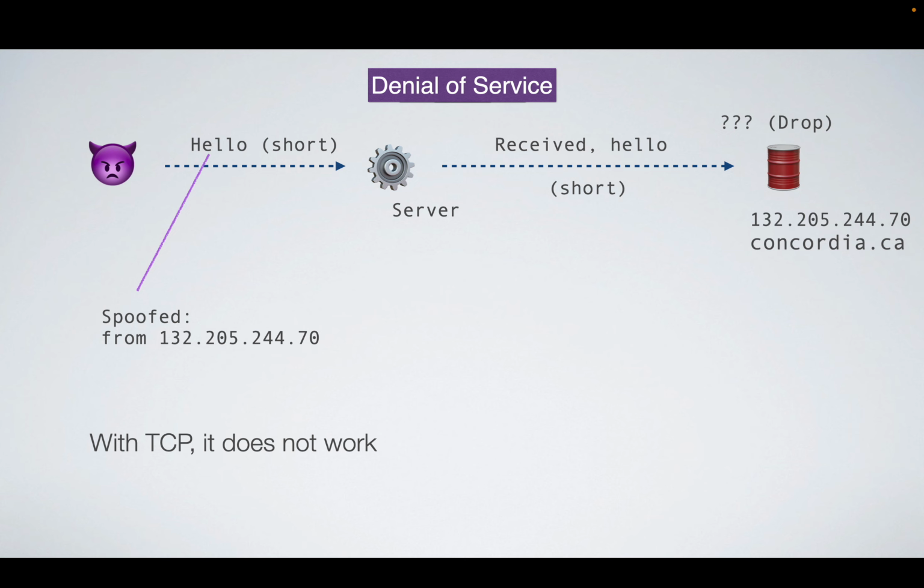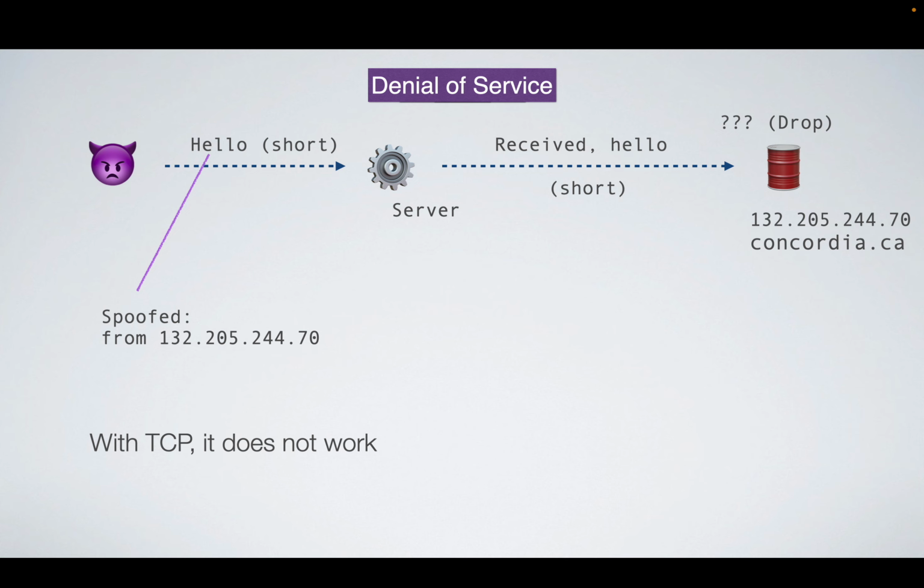And then it just drops it. So this is called a handshake. A handshake means both parties are expecting things, and if they don't get the things that they're expecting, they won't even start exchanging data. So this attack doesn't work because TCP requires a handshake.